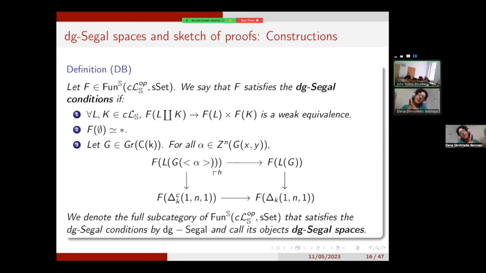We have a functor in this category, and we say that it satisfies the DG Segal conditions if it sends coproducts to products, if the image of the initial object is a point, and then we have this little construction. For now, you don't have enough information to understand this, so give me a second to walk you through this.